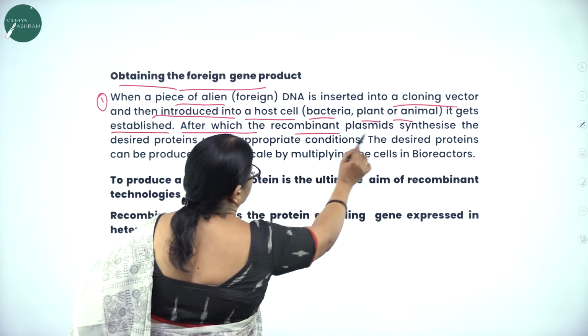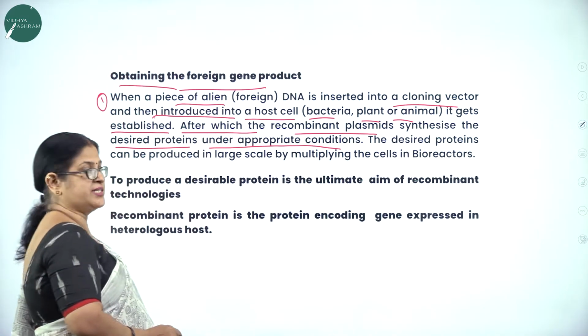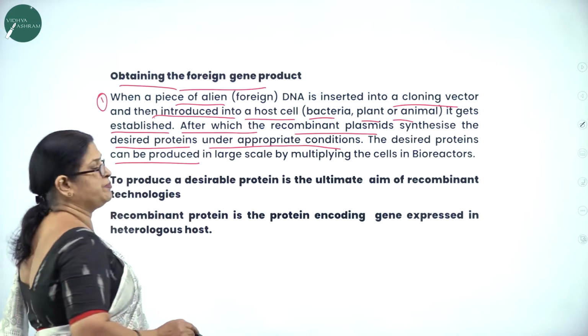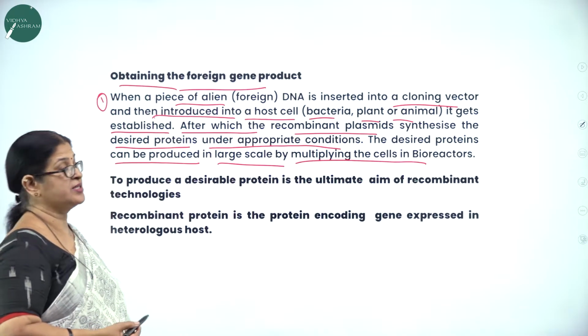After which the recombinant plasmids synthesize the desired proteins under appropriate conditions. Next, the desired proteins can be produced on a large scale by multiplying the cells in bioreactors, as we know.